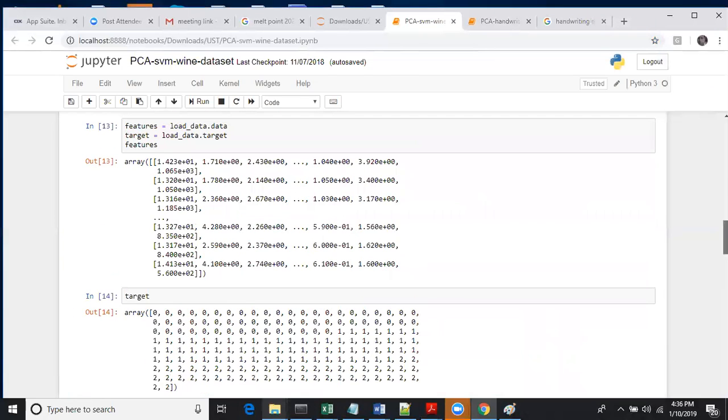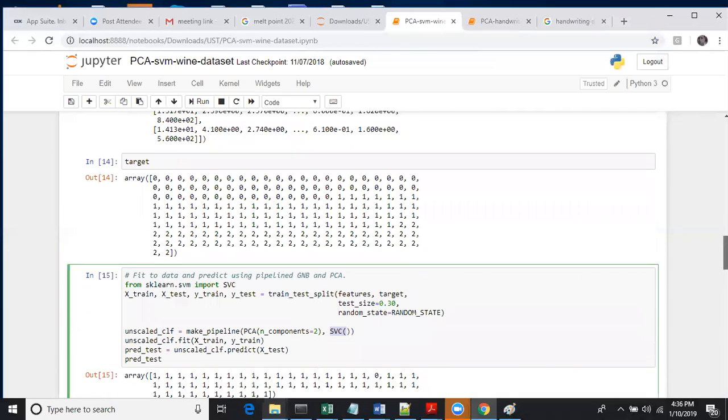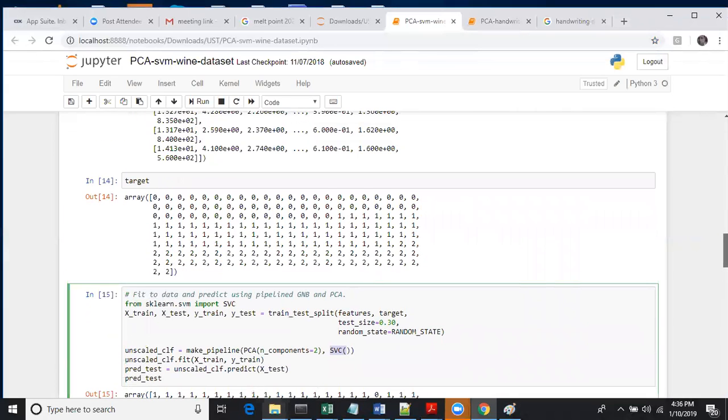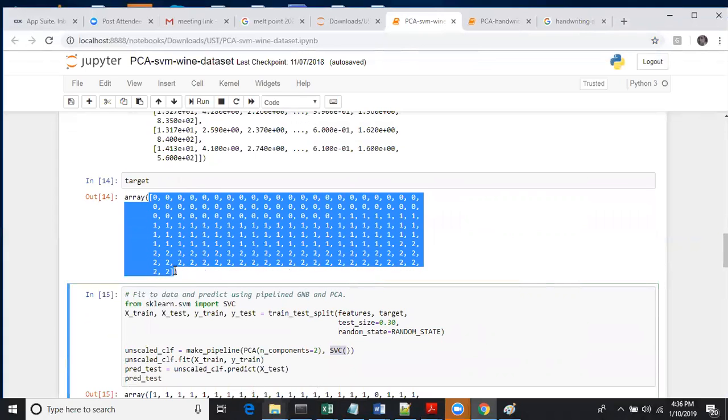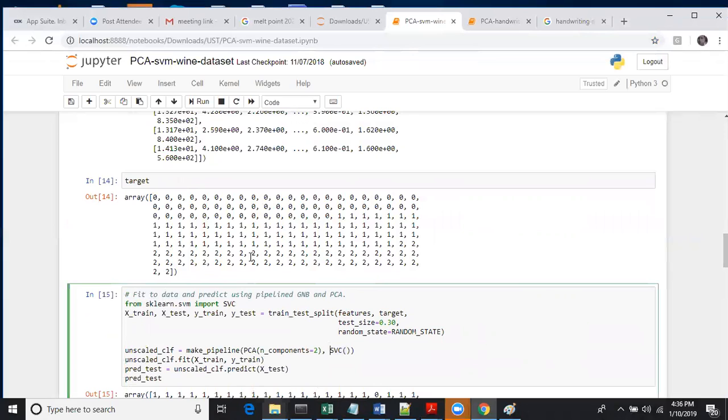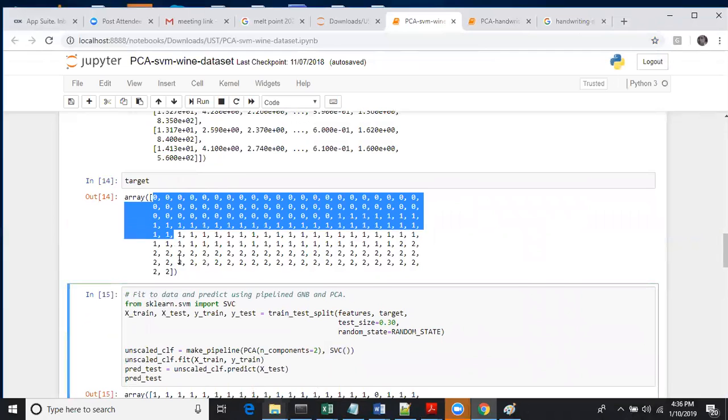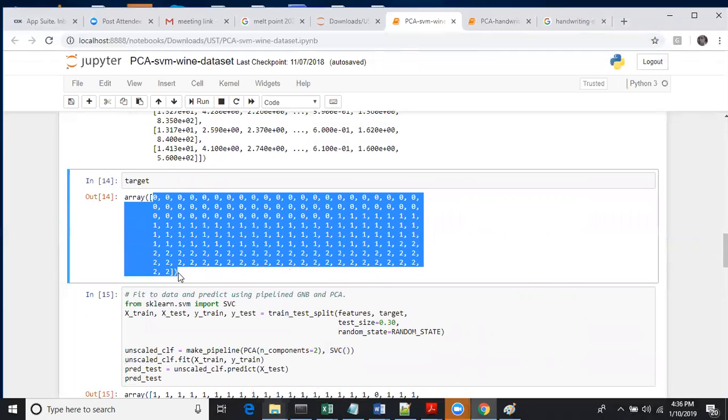If you have data and a target, say a classification problem, you can use KNN or SVM, support vector classification, to solve it and find the accuracy.